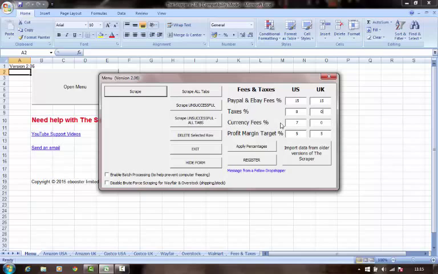Currency fees. If you're outside of a particular market and selling in that market, you will have currency fees attached to your transactions. What do I mean by that? I am located in the UK. If I am selling on ebay.com, a customer will buy from me in US dollars.